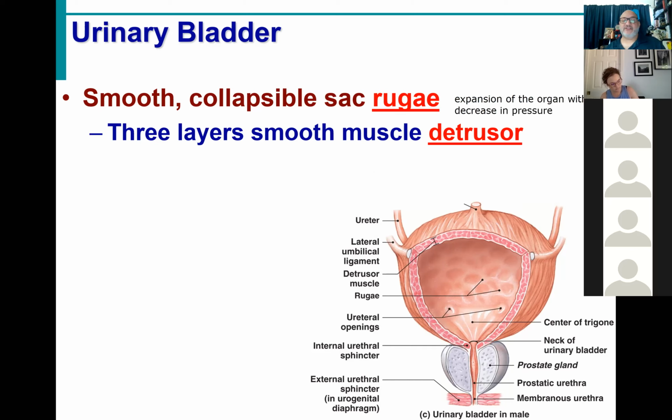Also, like the stomach, it has 3 layers of smooth muscle. Now remember, with the stomach, there were 3 distinct layers: the oblique, the circular, and the longitudinal. Very distinct layers. The same is not true for the bladder. These are not distinct layers.